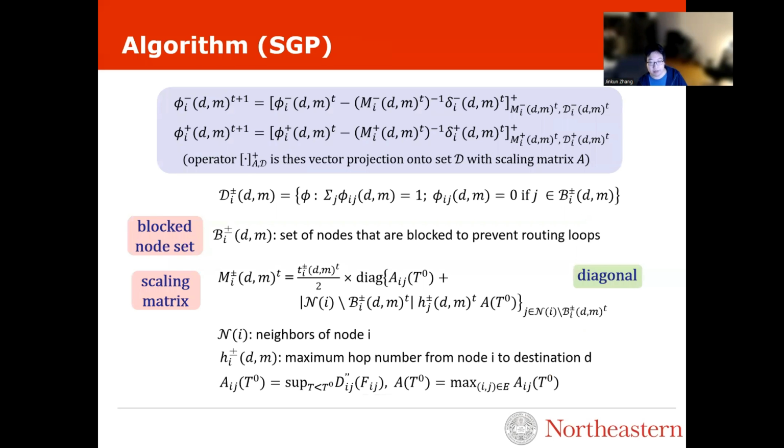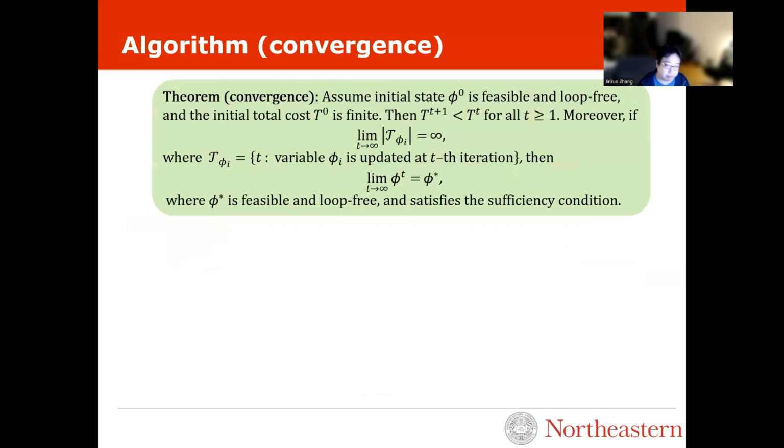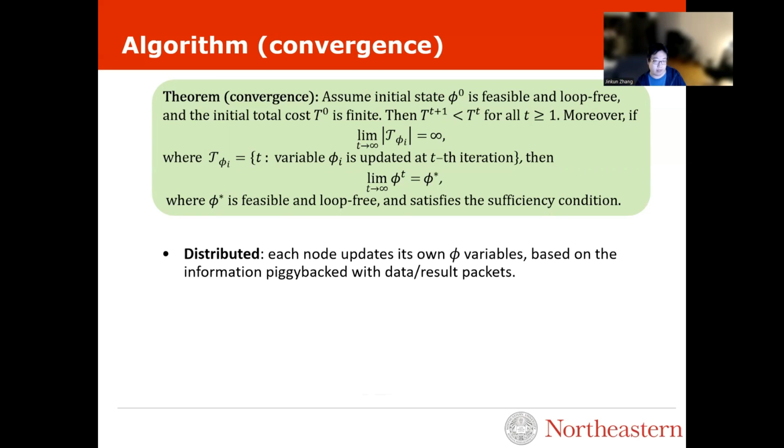Now here's the algorithm, but we don't go into the detail here. We have everything explained clearly in the paper, so please refer to the paper if you're interested. Here is the convergence theorem, and I want to point out some features of our algorithm that make it handy and reliable.